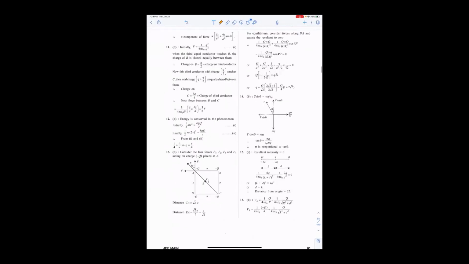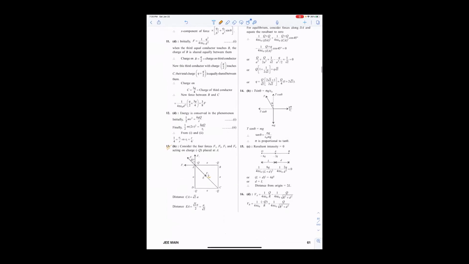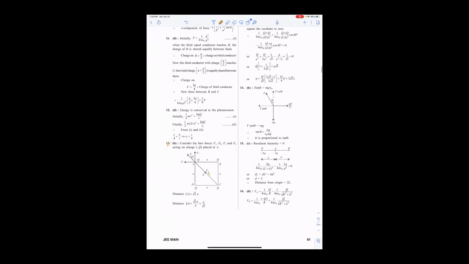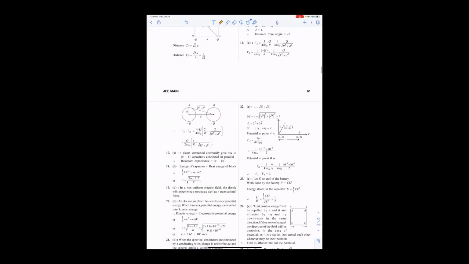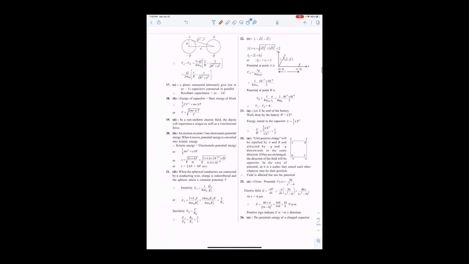Once you have solved, if you got questions, this 13th one, I guess, is like the one I was explaining, the square and all. You have to find F1, F2, F3, then the resultant is balanced by this Q. Same question. Take a screenshot here.